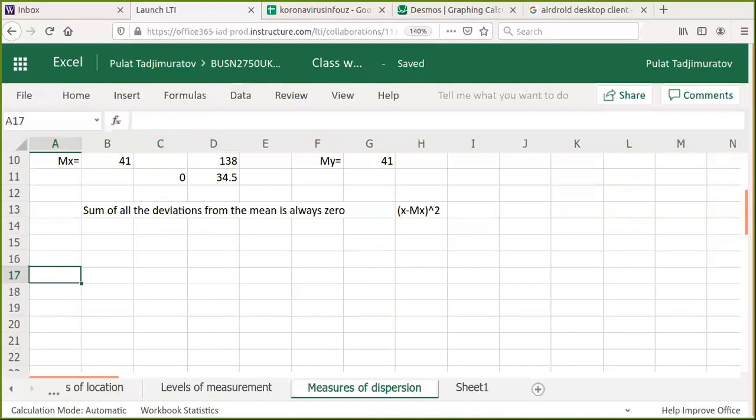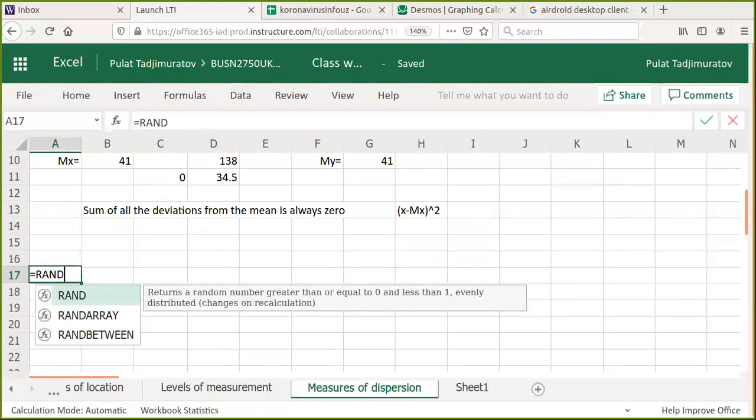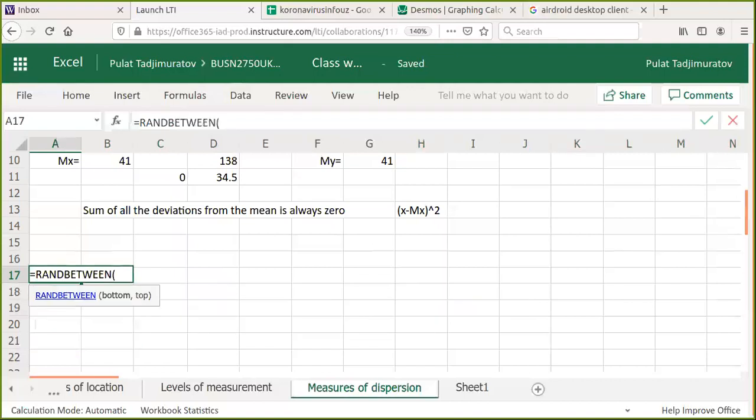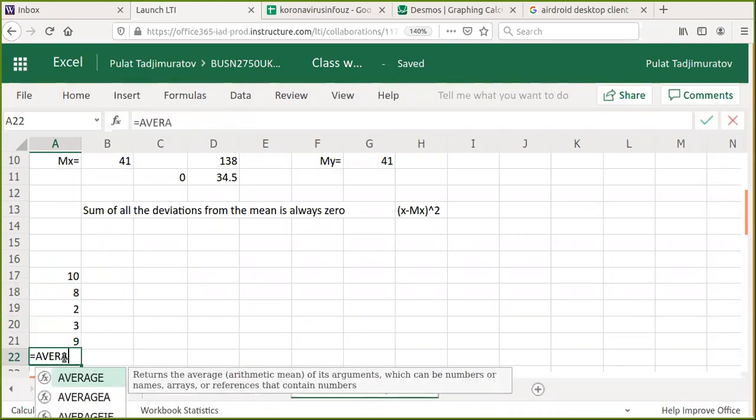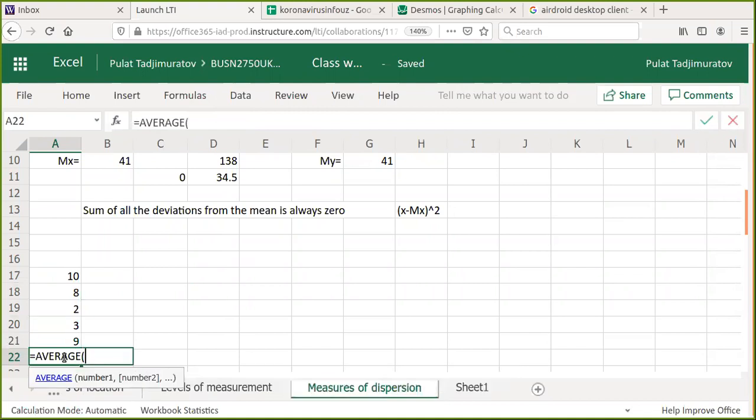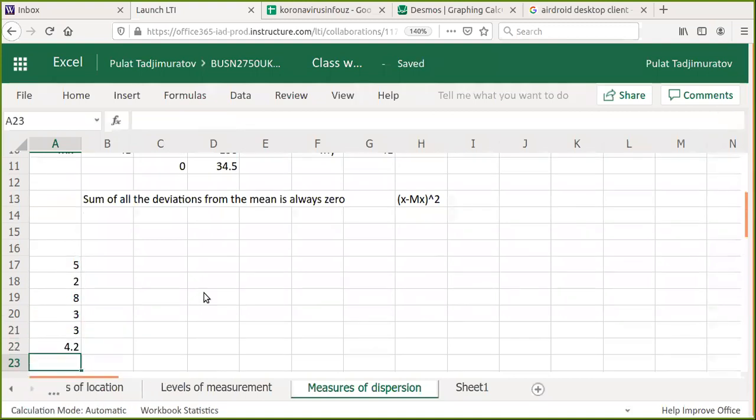We can in fact just generate some totally random numbers, and let's do that. Why not? So I'll ask Excel to give me random numbers between maybe 1 and 10. And I'll create another 5 of such numbers. And I'll find their mean, and their deviations.